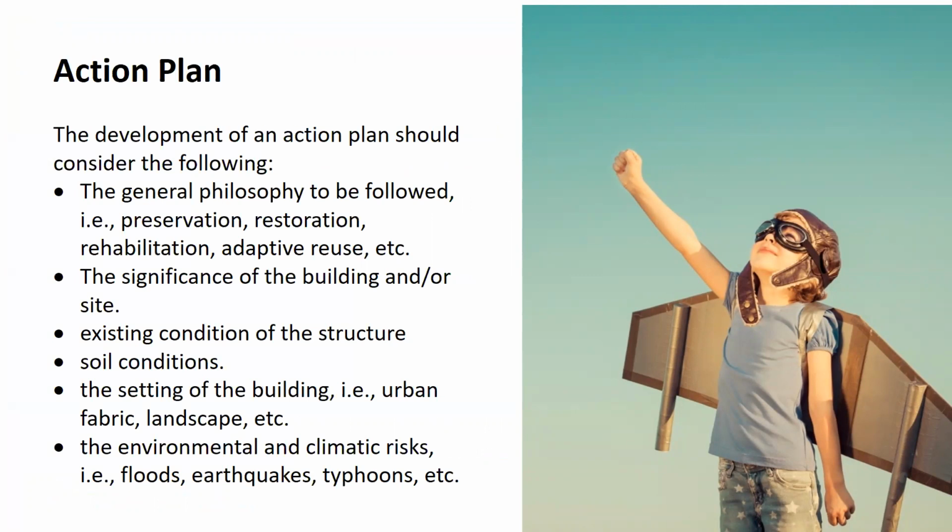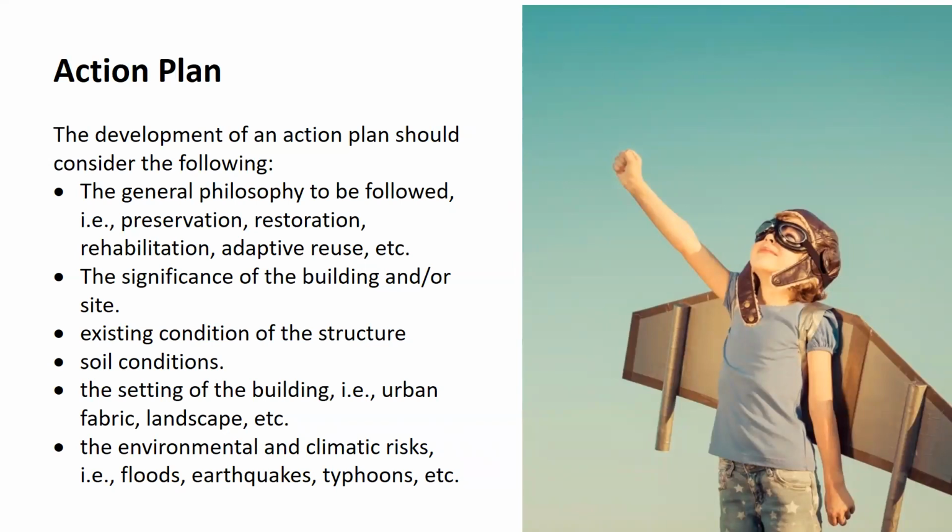Action plan, the last part of the conservation management plan, and we're going to pull together an outline today while we're in this lecture. So an action plan should consider the following.